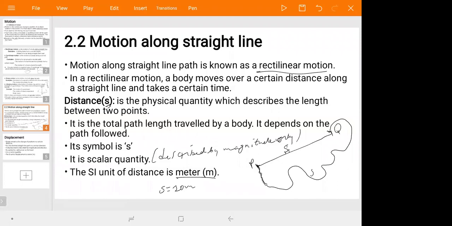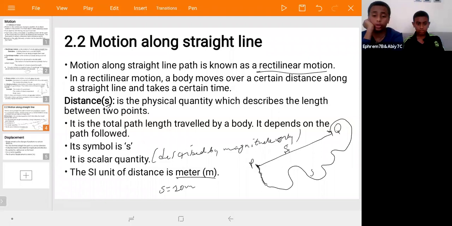So under this, you must know the definition of distance, its symbol, that it is a scalar physical quantity, and its SI unit. If you know this, it is very good. Have you understood what distance means?